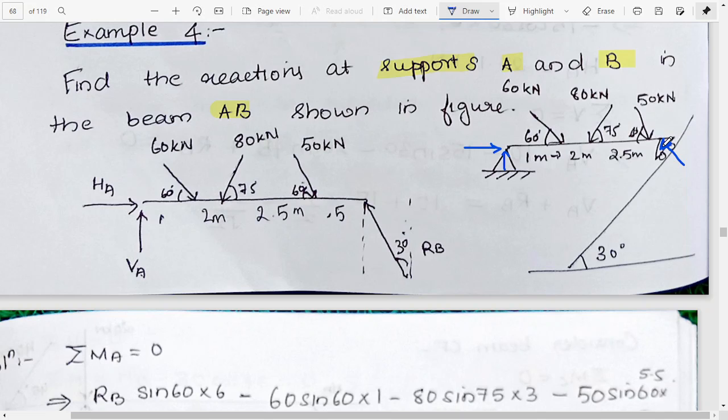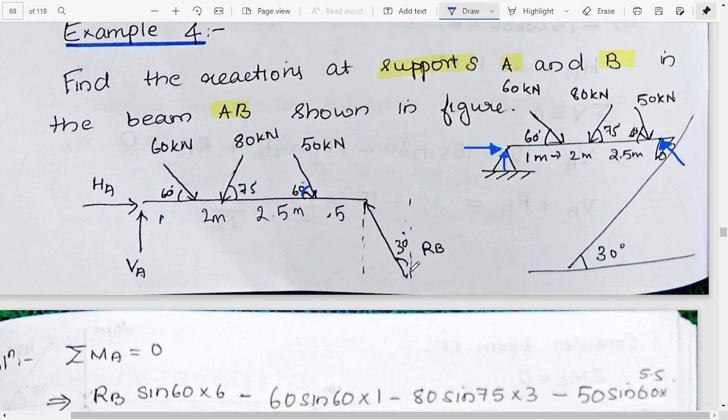Okay, so to find these values, what we will do is draw the free body diagram. So here we have VA, then we have HA, then we have 60 kilonewton at 60 degrees, then 80 kilonewton at 75 degrees, then we have 60 degrees like this, then we have RB.